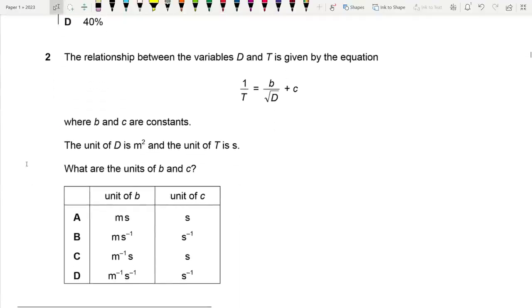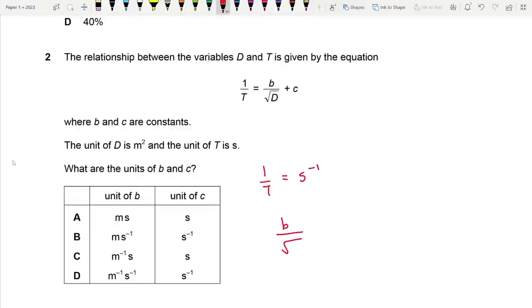The relationship between the variables d and t is given by this equation, where b and c are constants. The unit of d is meter square and the unit of t is seconds. What are the units of b and c? So 1 by time, the unit is second to the power minus 1.